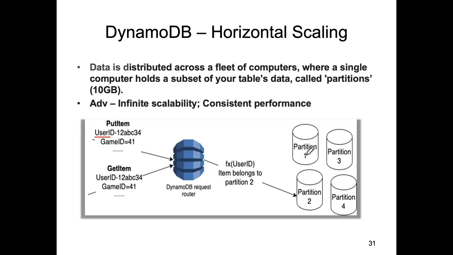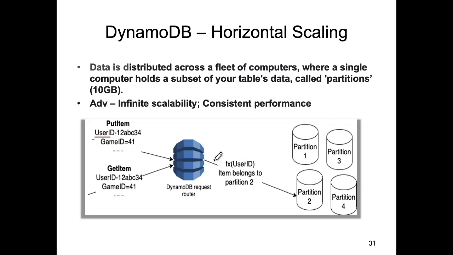We want to spread it out as evenly as possible across a range of partitions. You don't have to worry about the algorithm that's provided by DynamoDB. All you've got to ensure as the designer is a diverse range of values for the attribute that you decide to be the partition key of your table.